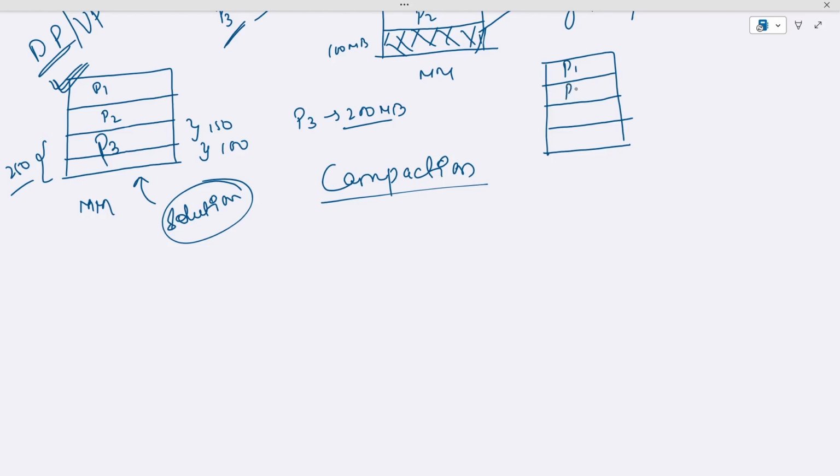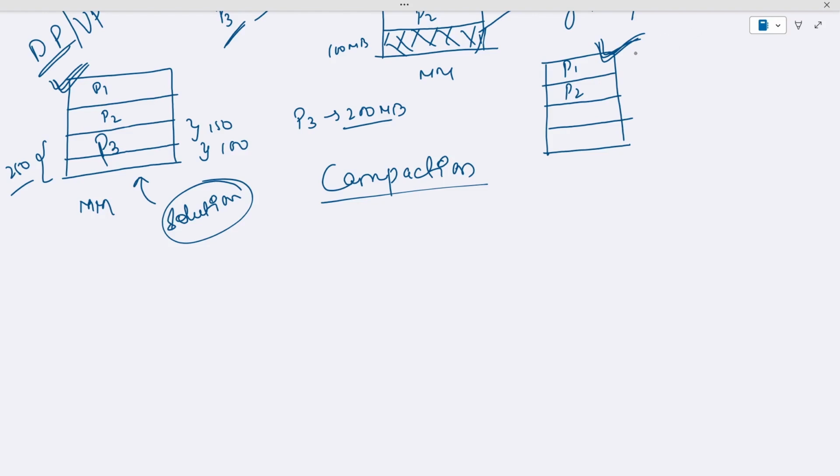If P1 and P2 are placed like this and the empty space is placed like this, it takes a lot of time, because here we have only 4 blocks. In a real main memory there are thousands of blocks, so it takes a lot of time to shift in the memory, and we do not have a lot of time, so definitely this solution is not useful.